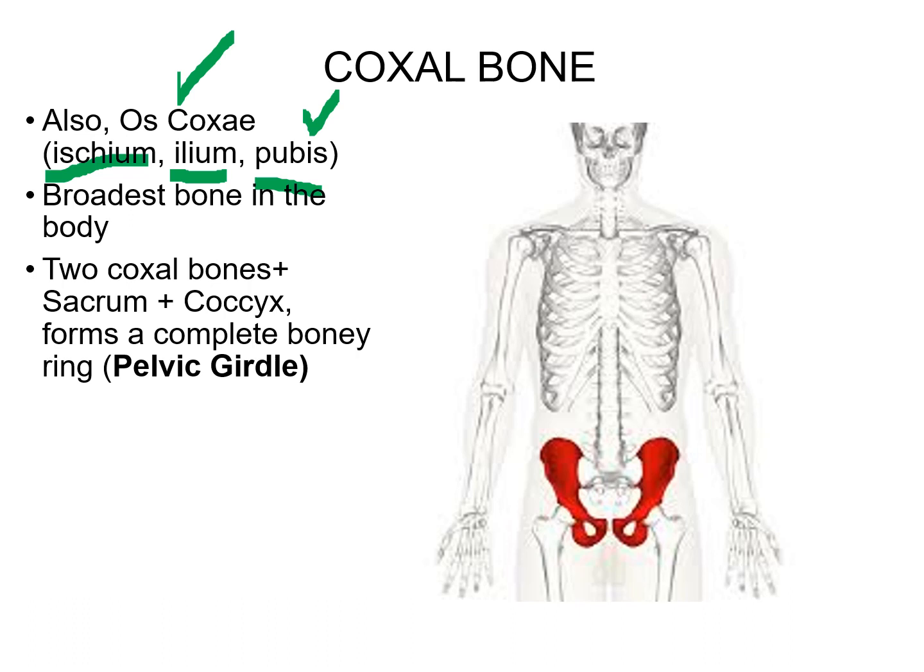And when you combine the 2 os coxae, so you have an os coxae on the left and an os coxae on the right, they are connected in the front by that pubis area, but when you connect them with the sacrum and coccyx bones, you get this whole unit, and what we call that is the pelvic girdle.